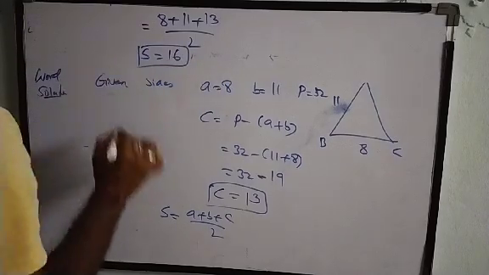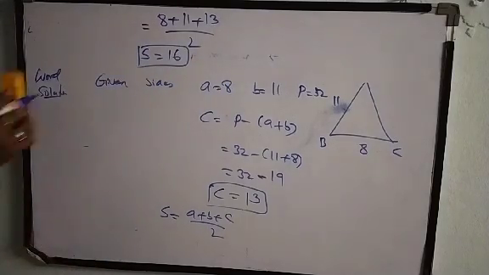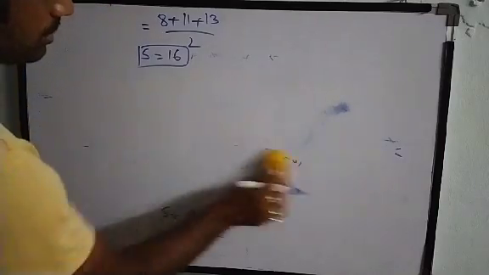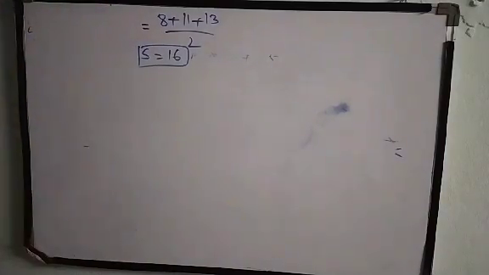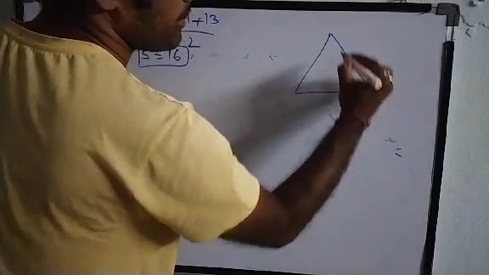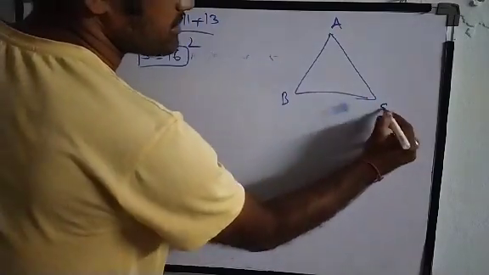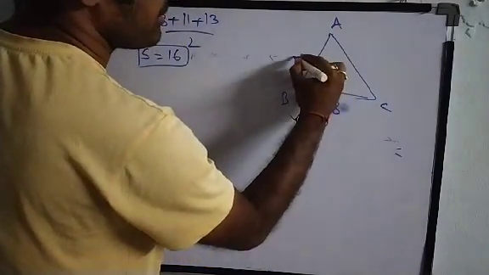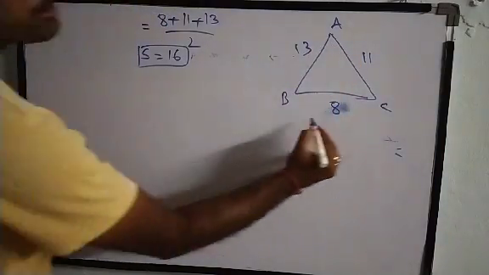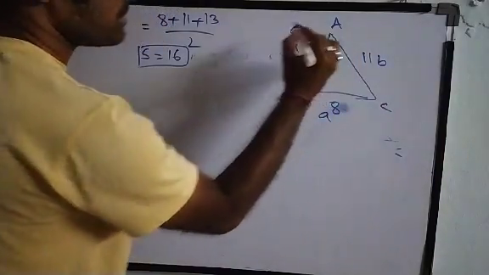So the semi-perimeter is 16. Triangle ABC with 8, here 11, here 13. So small a, small b, small c.